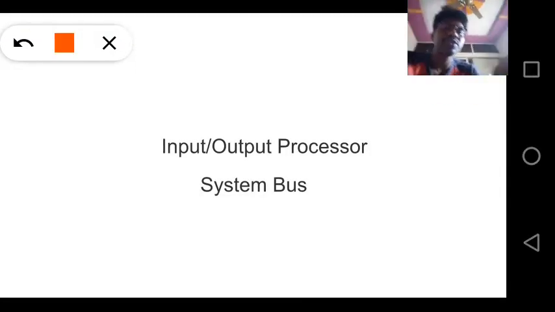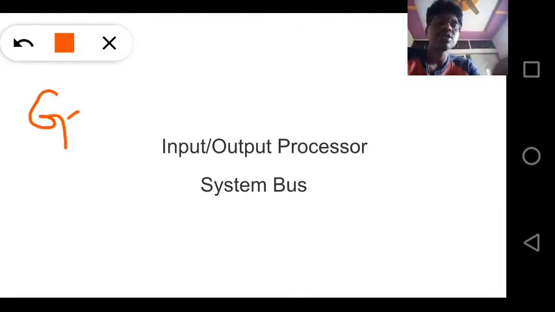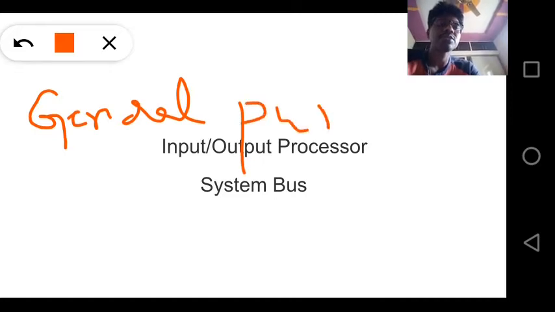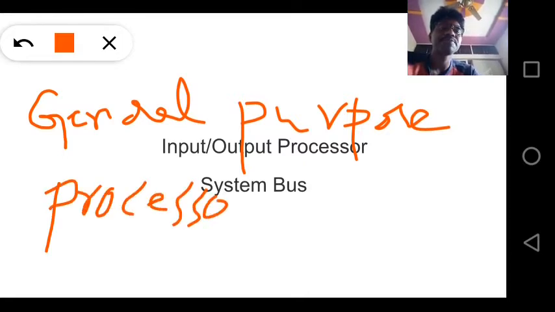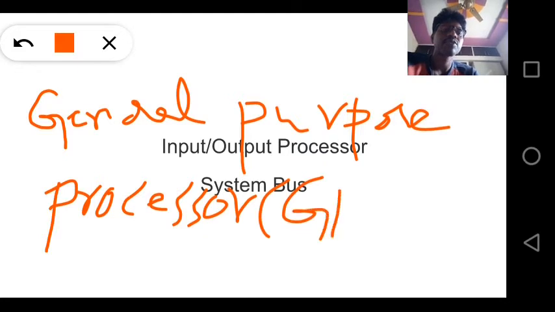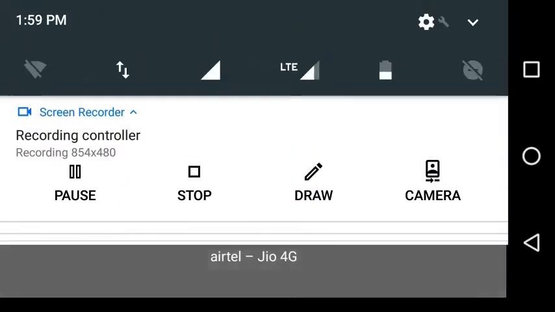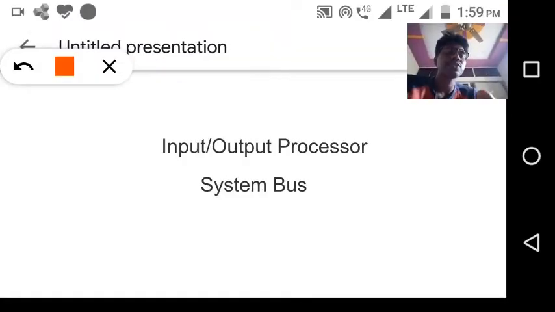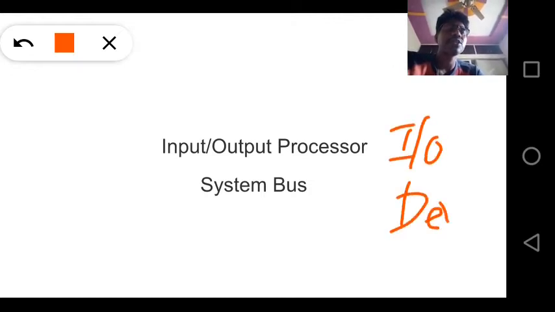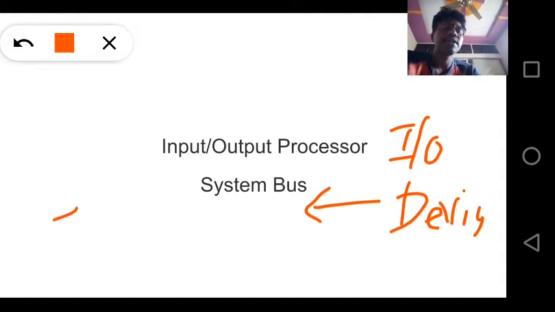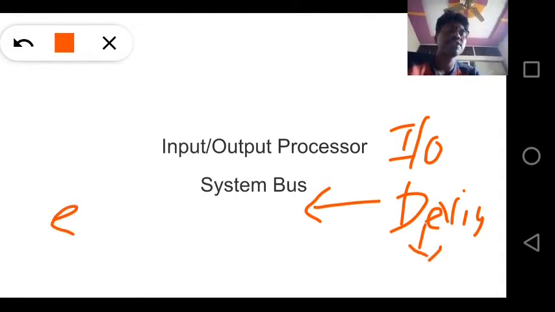So if you use a general purpose processor, it takes a hell of a lot of time to execute those IO instructions, because the speed of the IO devices is very low.